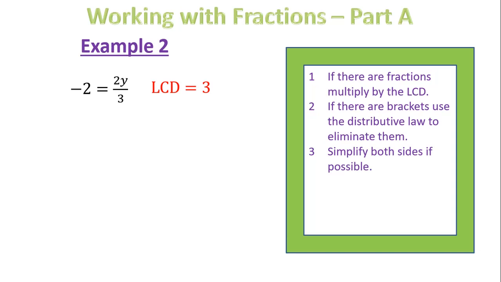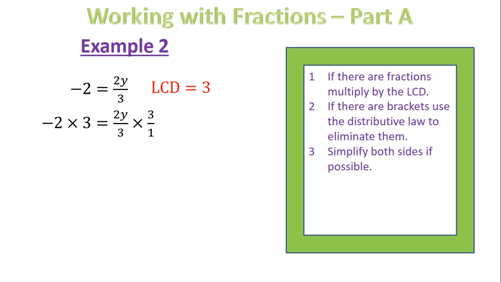We multiply every term by 3. So on my left-hand side, I have minus 2 times 3, and that equals, on my right-hand side, 2y over 3 times 3 over 1. Notice if I have integers, I multiply just by another integer. If I have fractions, I make my LCD into a fraction.